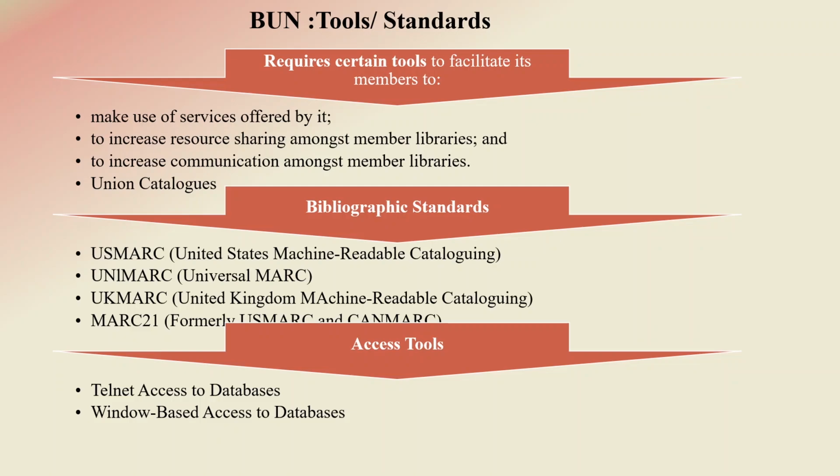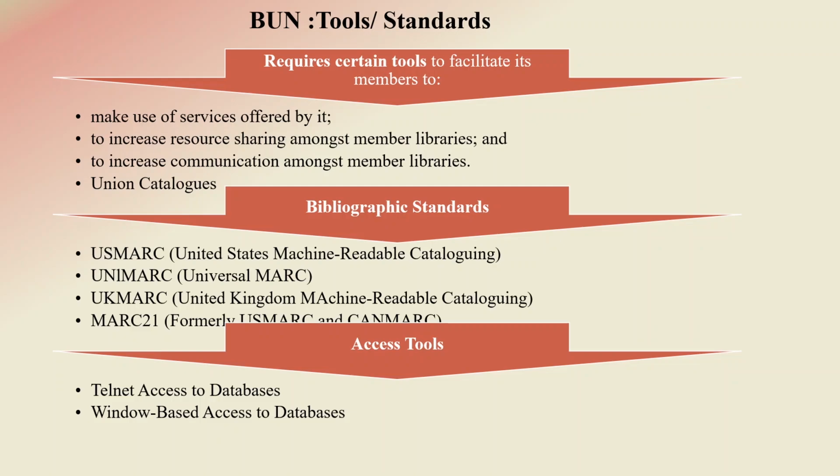Then the bibliographical access tools: different access tools, that is telnet access to databases, window-based access to databases. You can use a LAN or window, UK MARC, the United Kingdom machine readable cataloging facility. MARC 21 was formerly also known as US MARC or Canada MARC. US MARC, the universal MARC, is also there.